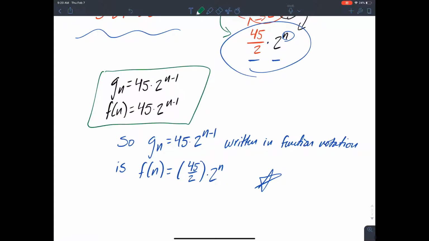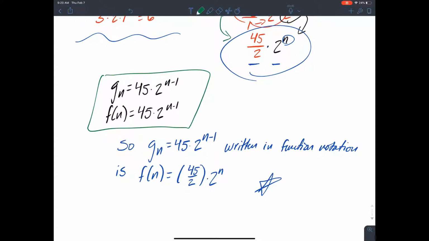I'll erase this and put the new thing we got: 45 over 2 times 2 to the n. So this shows what we started with, the geometric sequence formula, and then that same formula in function form or function notation.